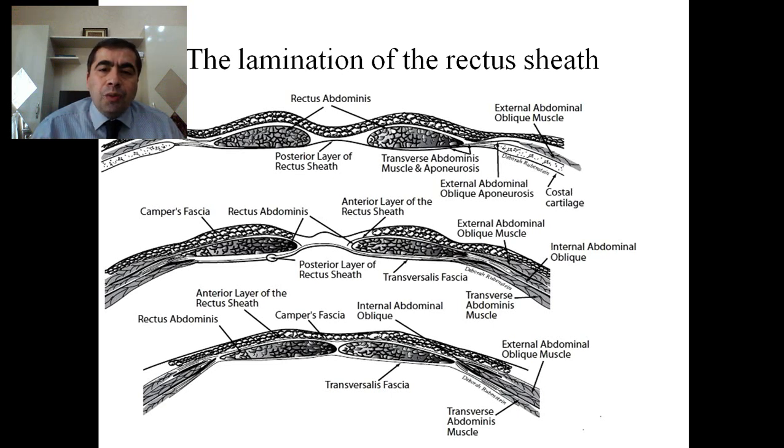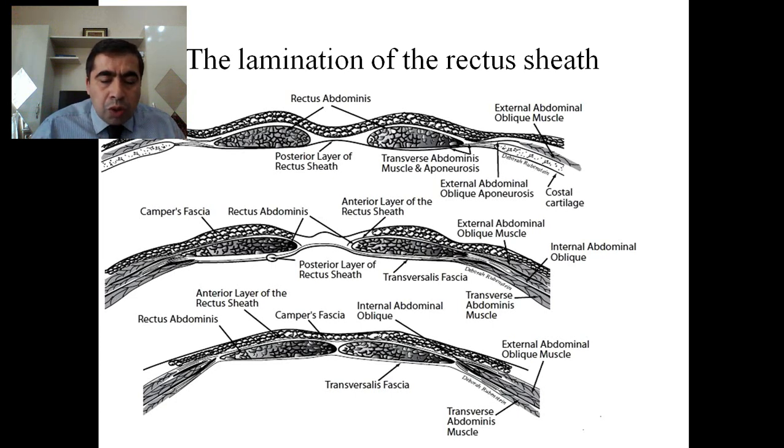The posterior wall is formed by the posterior layer of the aponeurosis of the internal oblique and the aponeurosis of the transverse abdominis muscle. Also, the transversalis fascia is located on the posterior wall.